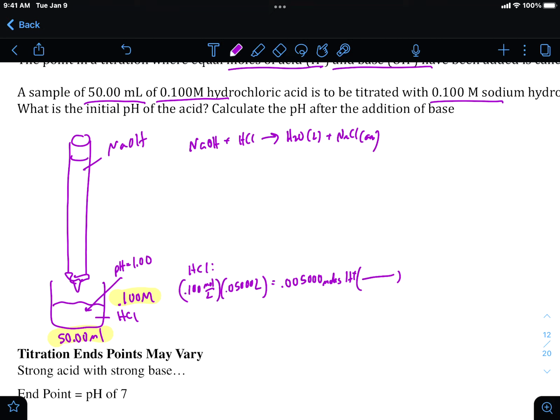I should mention, with a strong acid, strong base reaction, a lot of times the net ionic equation is used. So you will see this, and you can use this, if the stoichiometry is right, meaning if it's 1 to 1, this is the reaction that you will see. So hence the mole ratio of 1 hydroxide to 1 H plus makes sense.